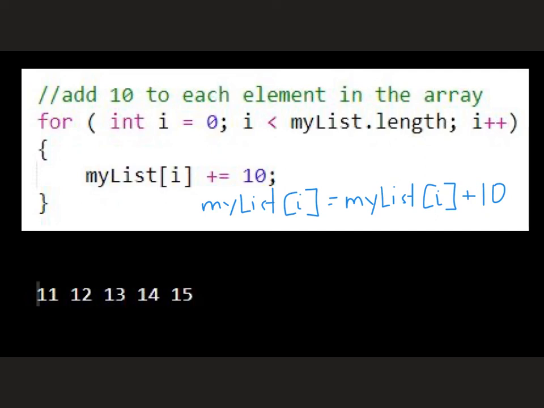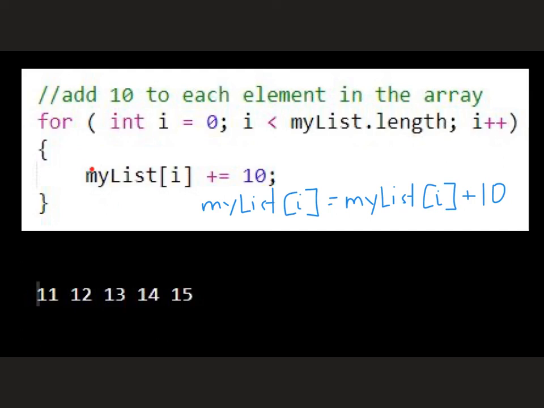All right, so keep in mind that when we're adding 10, whether it's this way or the plus equals, we are not adding 10 to i. Okay, this refers to the array at index, let's just say it's at index 0 to start with, the array at index 0. So what is the value? This represents the value at index 0.